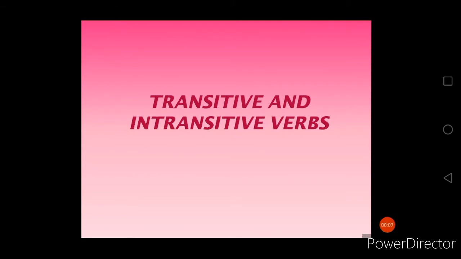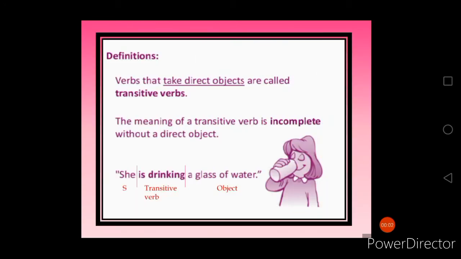Okay, let's move on to the topic transitive and intransitive verbs. I have given the definition for transitive verbs, and one example. Let me explain what is a transitive verb. It is very simple, my dear students. In a sentence, after an action verb, if there is an object, that is called a transitive verb.